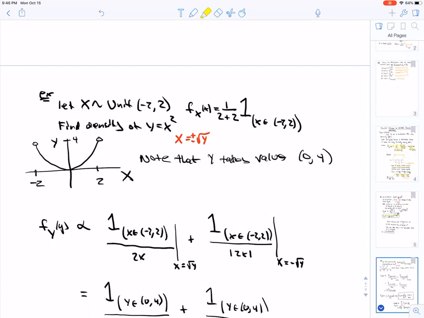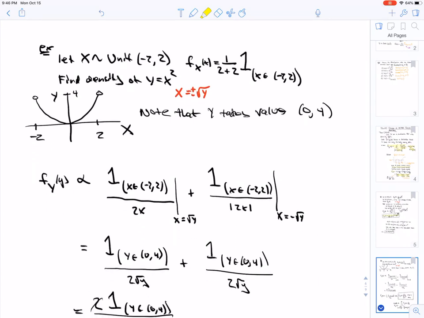So that'll be important. So f of y is proportional to, so I'm going to write in the numerator the variable part over the derivative of y equals x squared, which is 2x, evaluated at x equals the square root of y. Now, right, this function y equals x squared is 2 to 1.